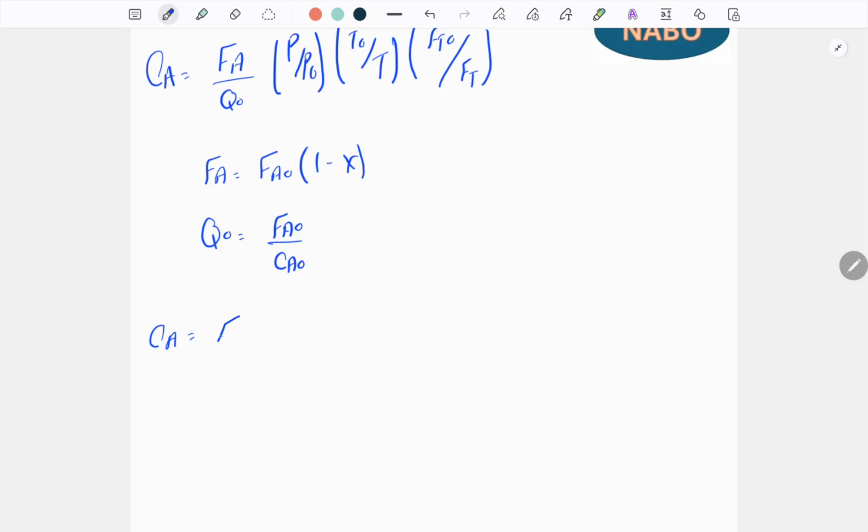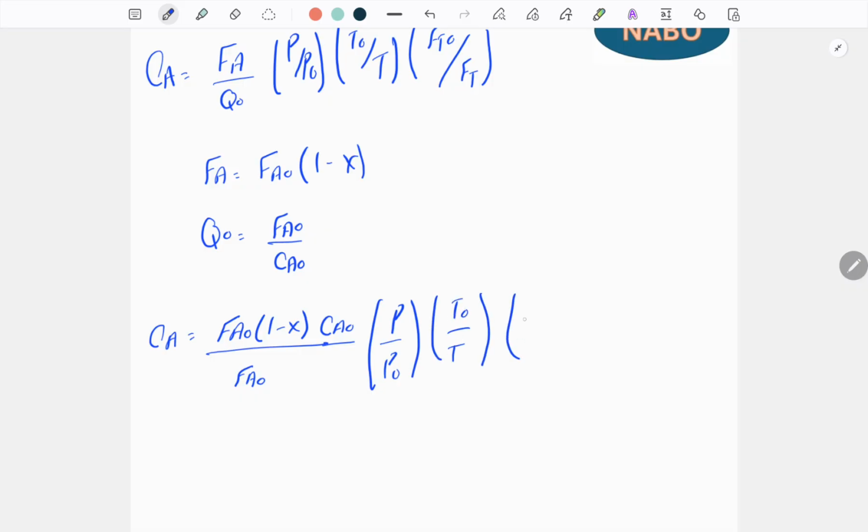Ca equals Fa naught times 1 minus x divided by Q naught, which is Fa naught times Ca naught, and everything else is the same: P over P naught, T naught over T, and Ft naught over Ft.